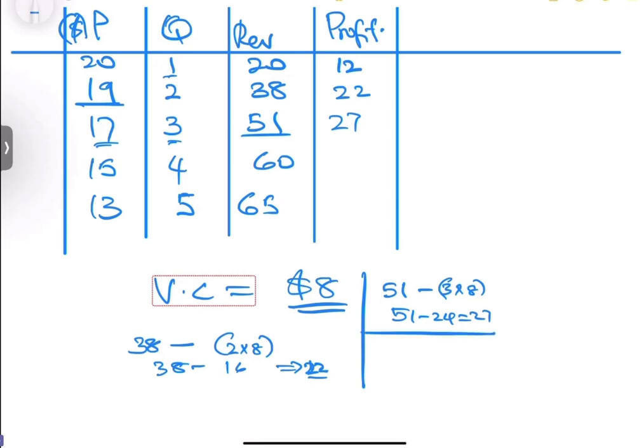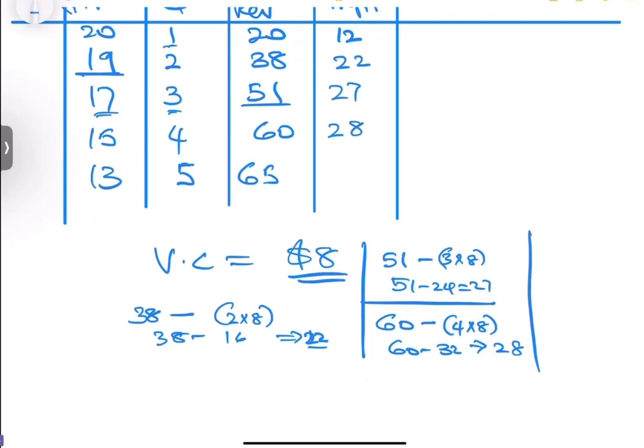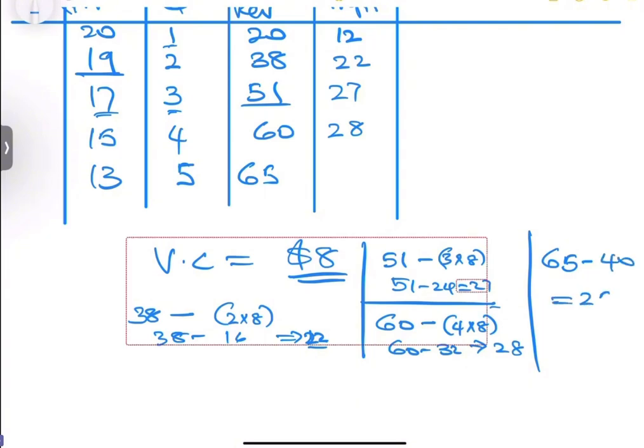For the fourth one, the total revenue is 60 minus 4 units times 8, that's 60 minus 32, and that's 28. Then the last one, total revenue is 65 minus 5 times 8, that's 40, and that goes to 25.